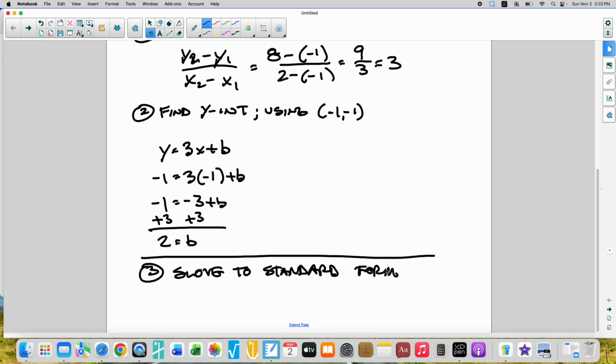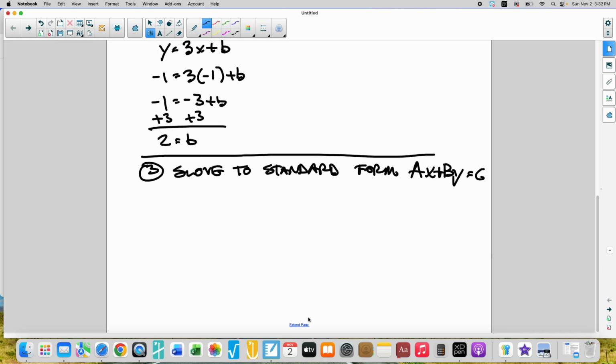So standard form, because the format is ax plus by equals c, we're going to get x and y on one side and get our constants on the other, and there are a couple things we need to know about. A, b, and c must be integers.